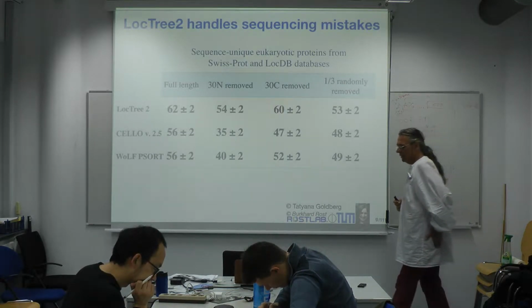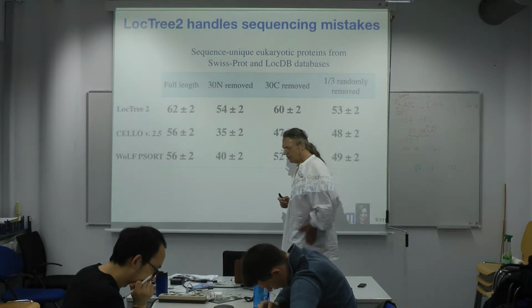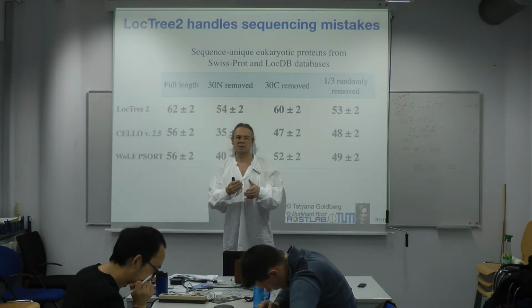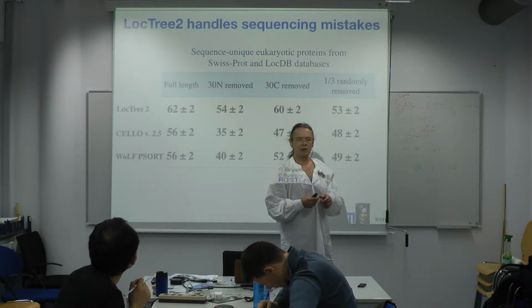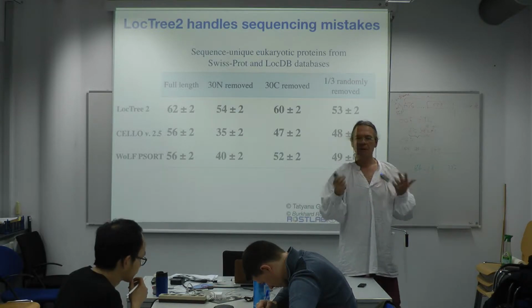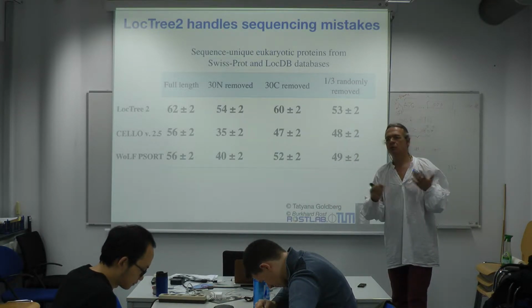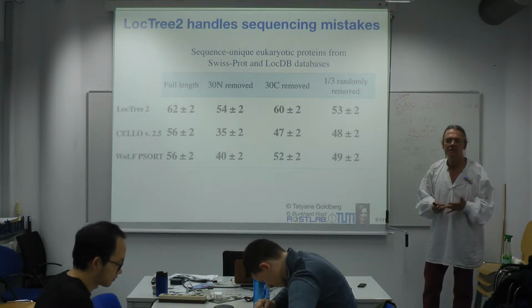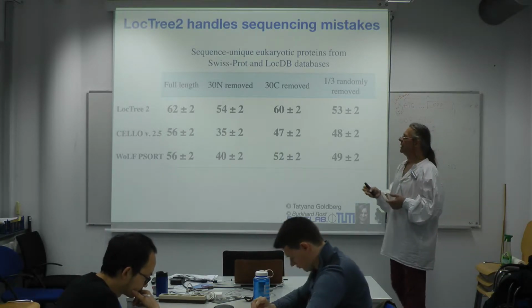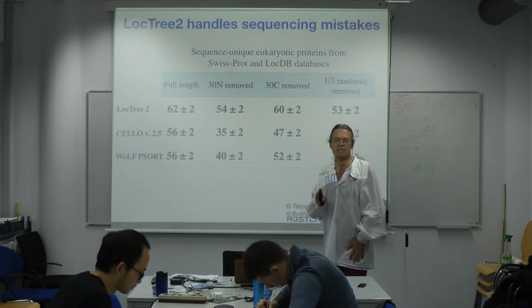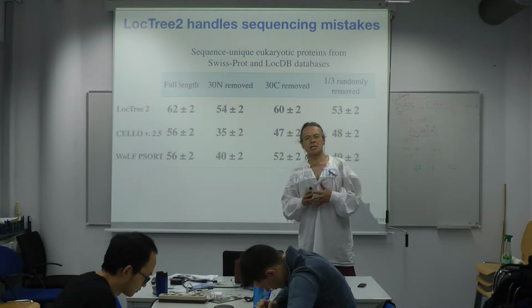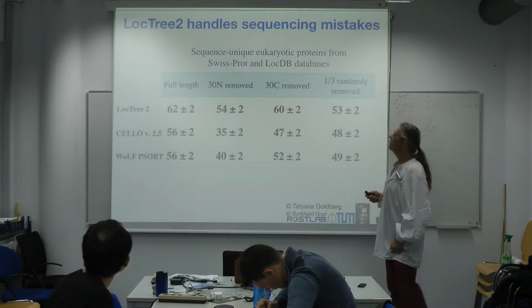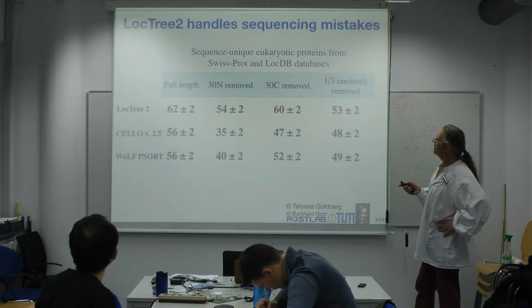Now, you may remember that at some point I said I want a variety of features. I want to have a method that predicts for eukaryotes or prokaryotes. I have that. I want it in many, many states. I have that. I wanted it to beat all the state of the art, or be at least as good as the state of the art. I have that. But one issue was, how sensitive is this against changing the sequence? So for instance, changing the sequence here is measured in three different ways.